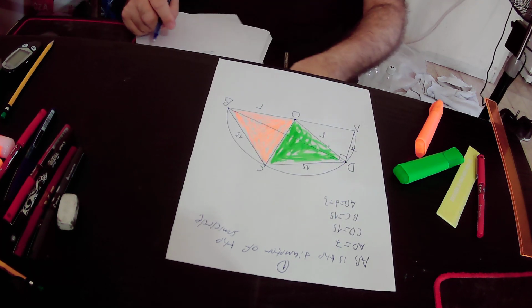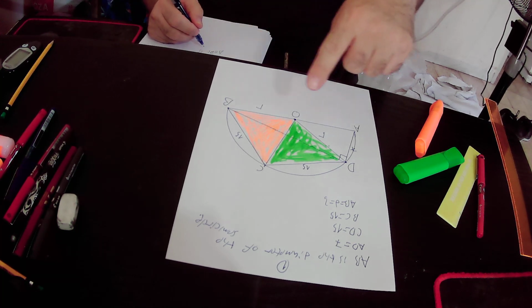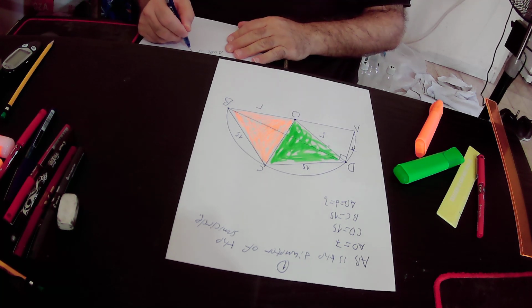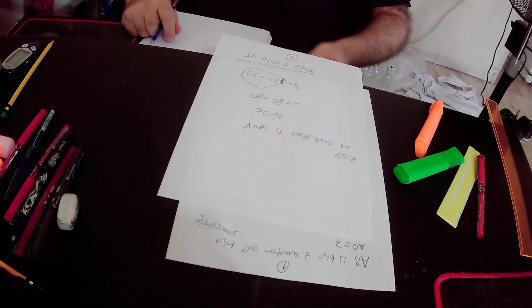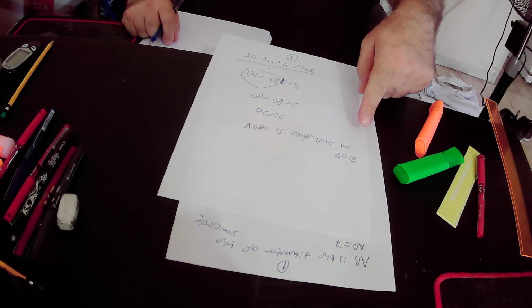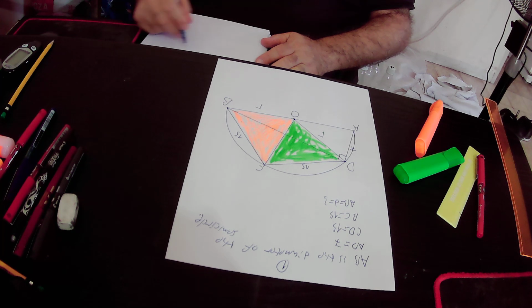Therefore, the green triangle ODC is congruent to the orange triangle OCB according to the side rule.